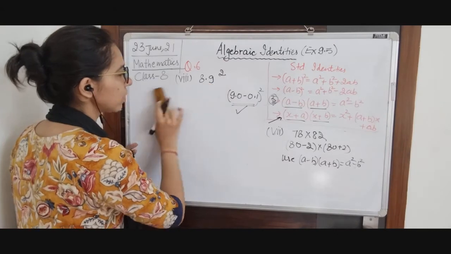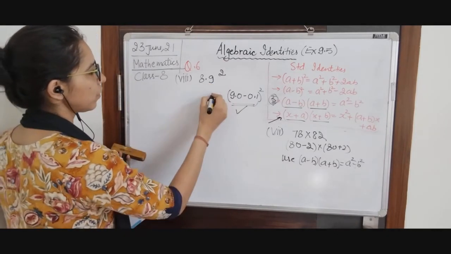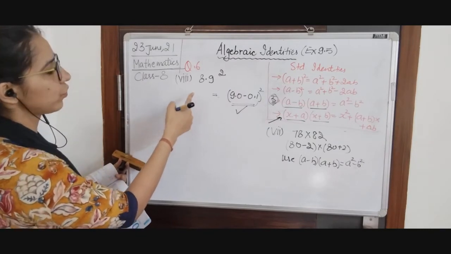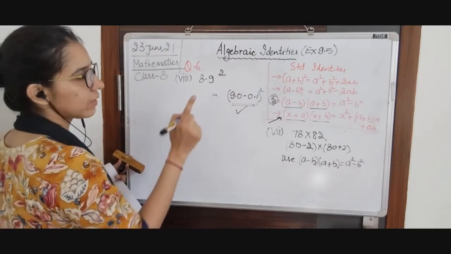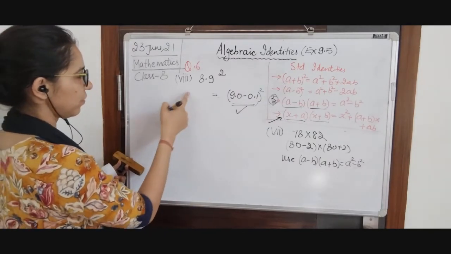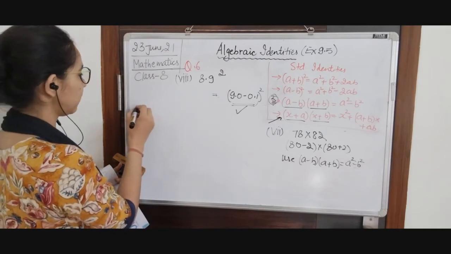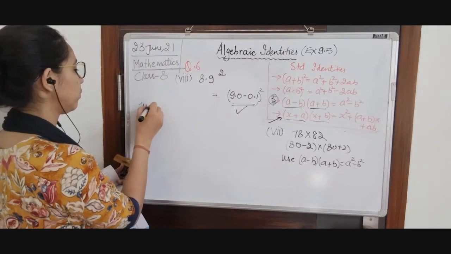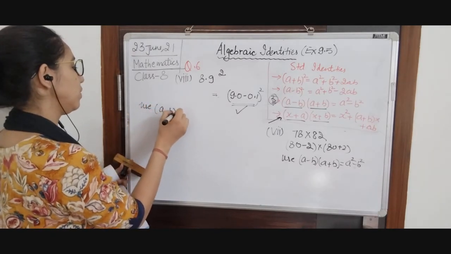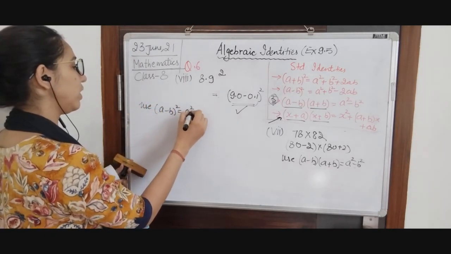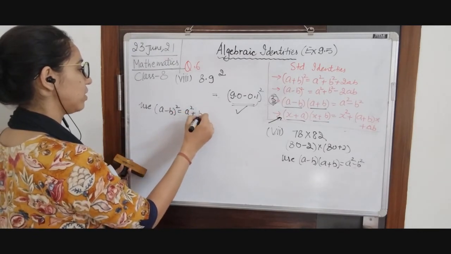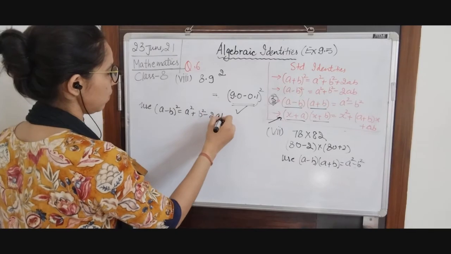So this is equal to this. Which formula am I going to use? The second one. Even if you use the other formula, you are going to get the same answer. Nothing wrong about that. We are going to use (a minus b) whole square is equal to a square plus b square minus 2ab.